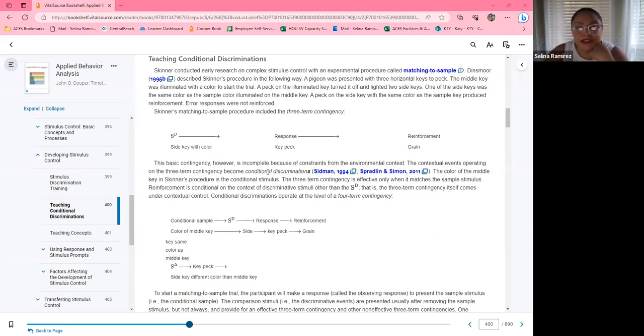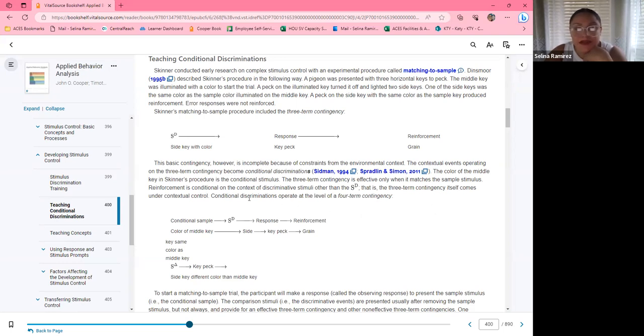Okay, so 3-term contingency, conditional discrimination, the color of the middle. They're teaching match to sample to a pigeon in a lab to prove that this stuff works, which you guys are going to be using for your clients when you do become a BCBA.